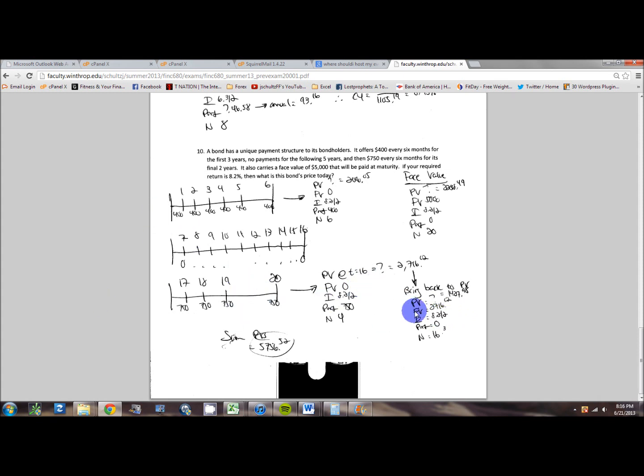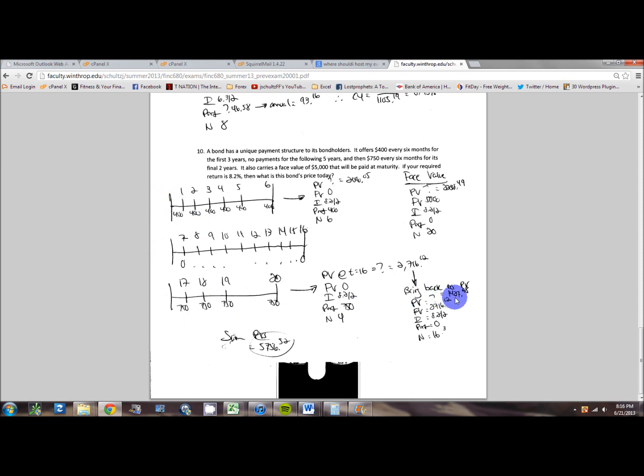There is no payment because you've already accounted for these payments, and you've got to bring this thing back 16 periods. And I don't know what that random 3 is there. That's probably a scribble. That's not 16.3, that's just 16. And doing that gives you the true present value of this annuity all the way back to today, or time equals 0. So that's 1427.98.